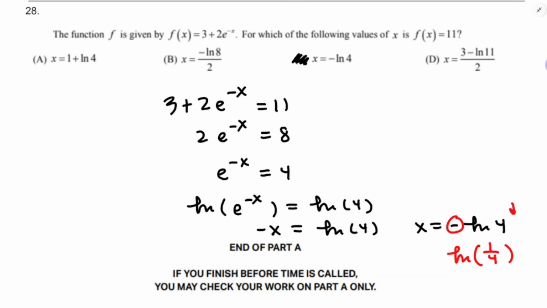I would not be the least bit surprised if, on your AP exam, if you got a problem like this, you might see the correct answer choice with a log properly applied to it. You will not see that anymore in AP Calculus, though, because that's now very firmly a pre-calculus topic.